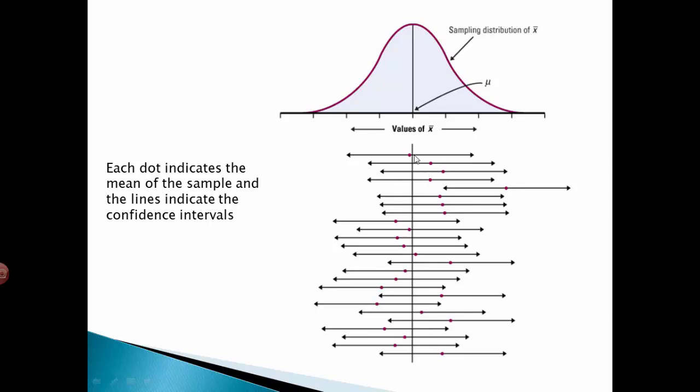Now you'll notice that in all but one of these simple random samples, the mean is contained somewhere within the interval. However, this one right here is not within the interval. So if this were the particular simple random sample that we have, we actually would be one of those 5% values where the mu is not within the confidence range that we talked about.